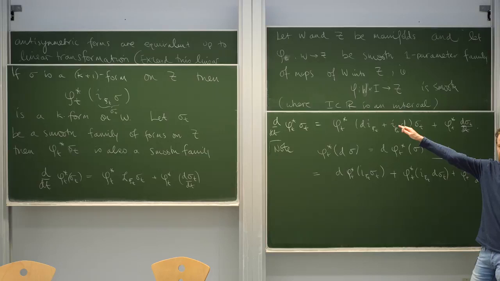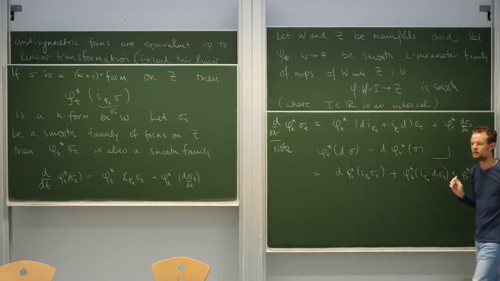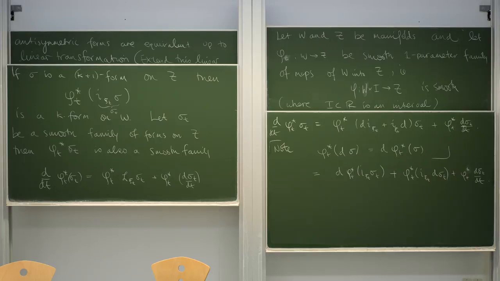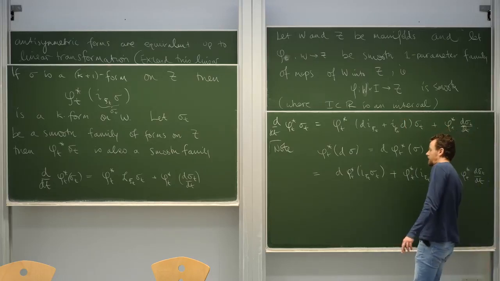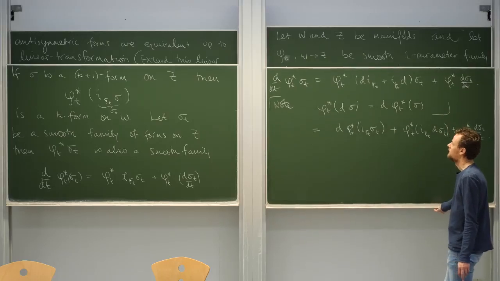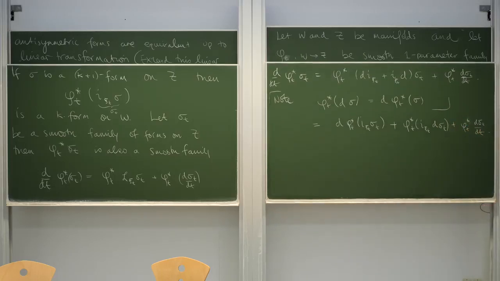And our objective in this argument is to make sure that this right-hand side ends up being 0 when we apply it to the special case where sigma t is given by this omega t that I introduced at the beginning of the argument. So let's actually look at this expression a little bit to see if that might be a thing that could happen. Well, we've got d of sigma t.